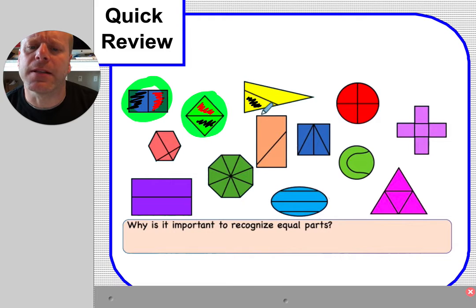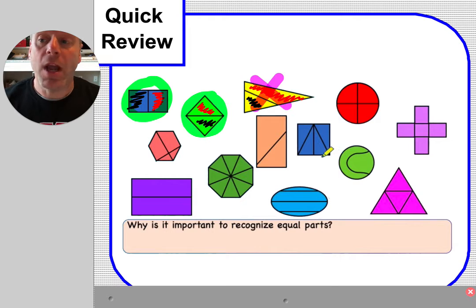If I get this tiny piece and you get this great big piece, is that fair? No fair. That is not a fraction. That is just someone chopping up a triangle. Right? And we don't really have a way of describing that in fractions. Fractions are always made out of equal parts.